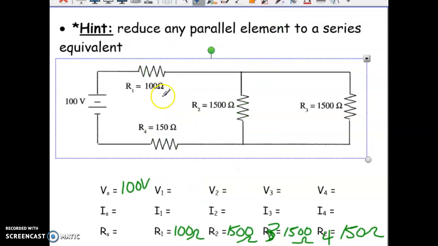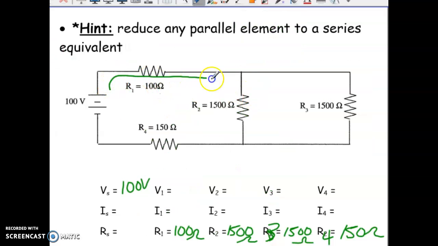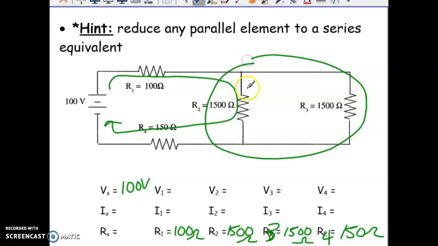Right? So we'll go back to the original picture. So it's like we're going this way, and we figured out what this section is together. So now we can consider this to be a series equivalent.